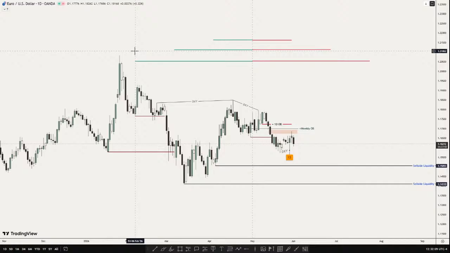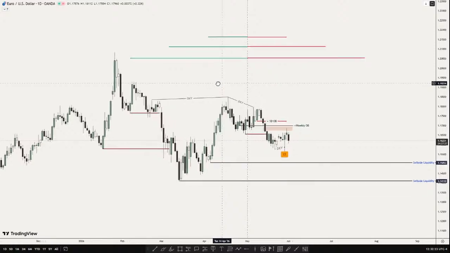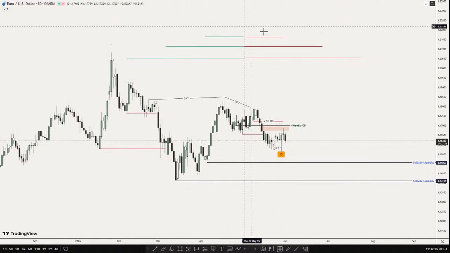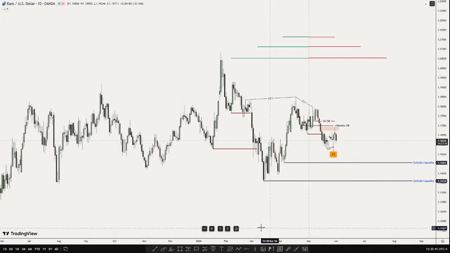So these IPDA data ranges, you have to analyze on the daily time frame, and there is no other time frame that you have to analyze this on. So these IPDA data ranges just allow you to have a longer term bias of a pair, and with confluences from SMT, it gives you a confirmation of the market moving in the direction you have anticipated.